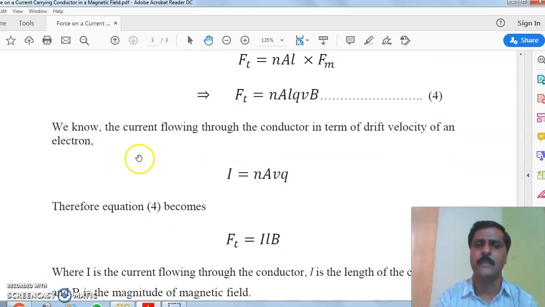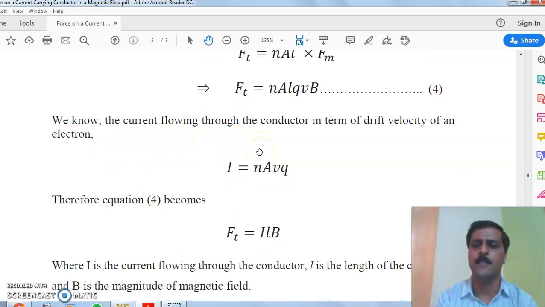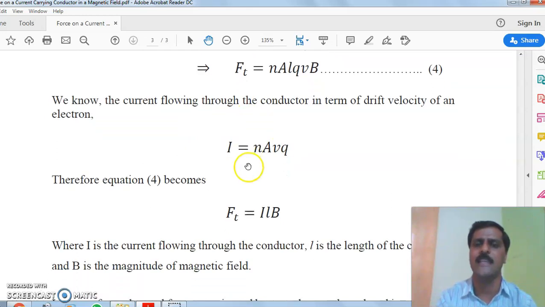But we know that the current flowing through the conductor in terms of the drift velocity of an electron, I, is equal to nAv into q, where n is the number of electrons per unit length, A is the area of cross section, v is the drift velocity, and q is the charge on an electron. So that is the relation between current and drift velocity.